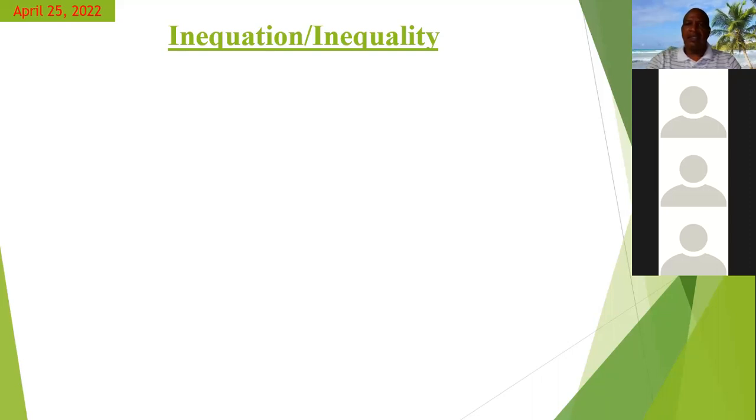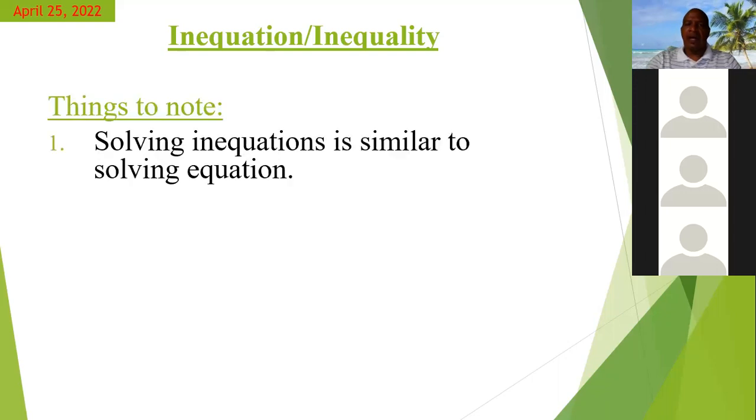Now, there are some symbols that we generally will use when we are dealing with inequality. So first, let us talk about things to note. Solving an inequality is similar to solving an equation, meaning that the same way you go about solving an equation is the same recipe, the same steps.